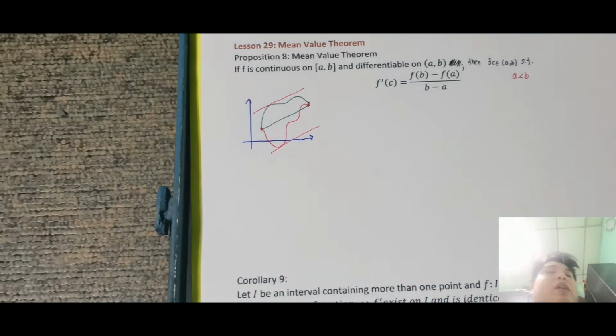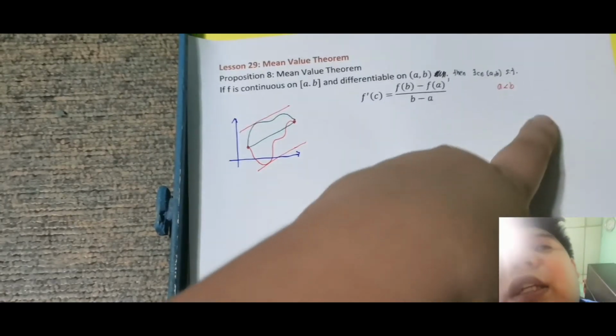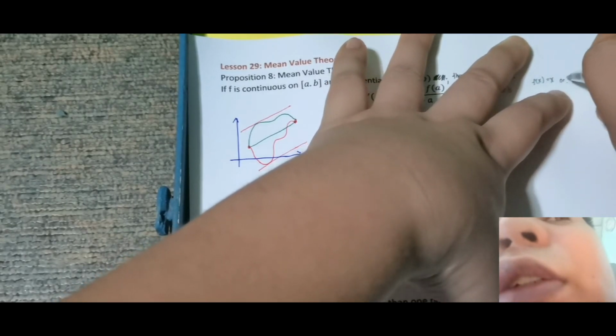So kunyari, gusto ko yung derivative, kunyari f prime of 3 doon sa function. Pwede mo na agad gamitin yung mean value theorem dyan. Ang gagawin mo lang, kunin mo lang yung dulong interval. For example, given yung function, kunyari meron akong f of x is equal to x on [3,4].